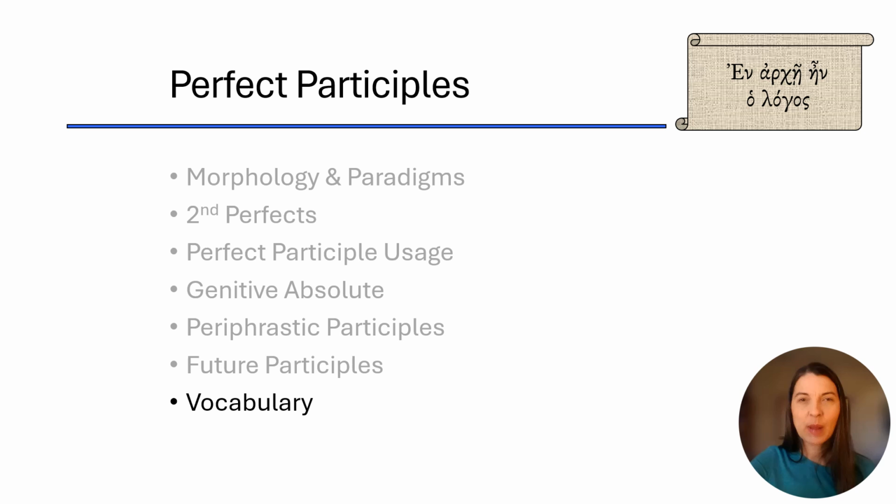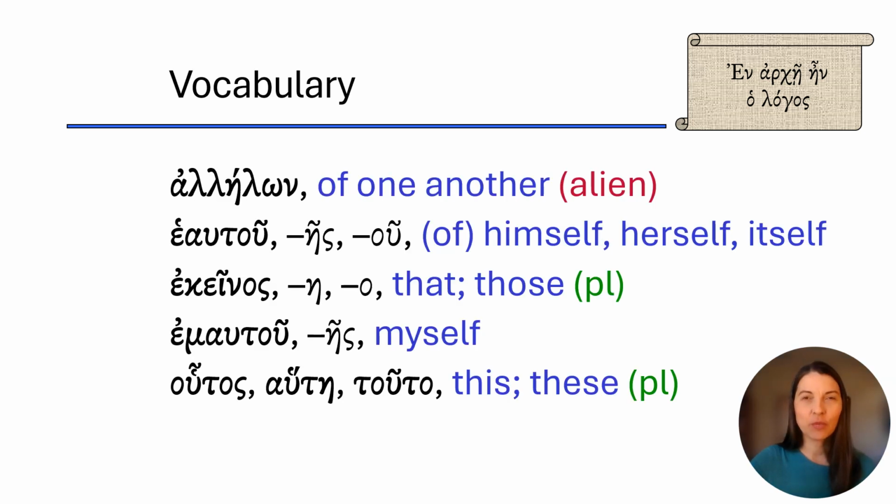And lastly, let's wrap up with our vocab for this chapter. In the next chapter, you'll be covering many different pronouns. So, allelon means of one another. Heautou means of himself, herself, or itself, depending if you're in the feminine or neuter. Ekeinos, that, those. Emautou means myself.